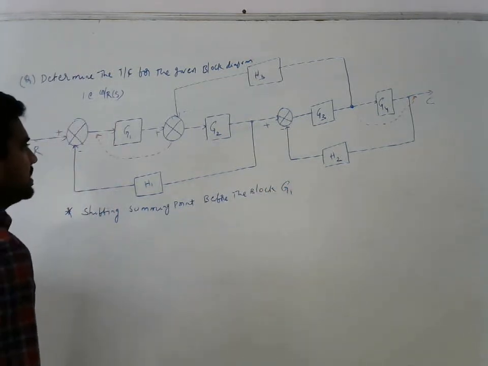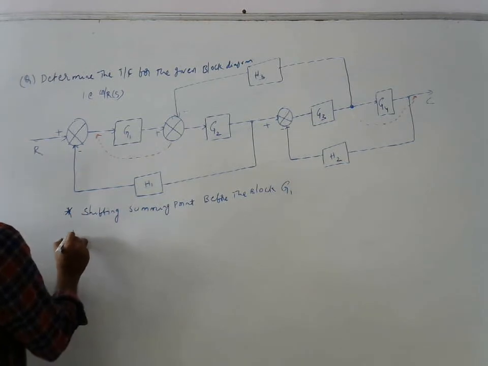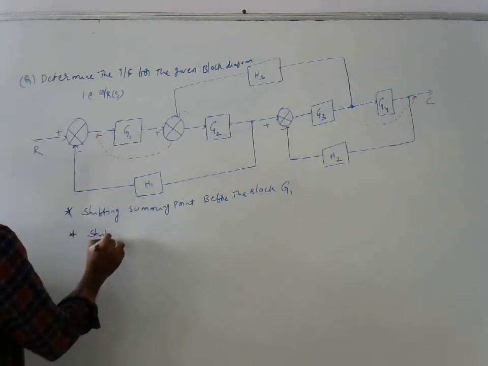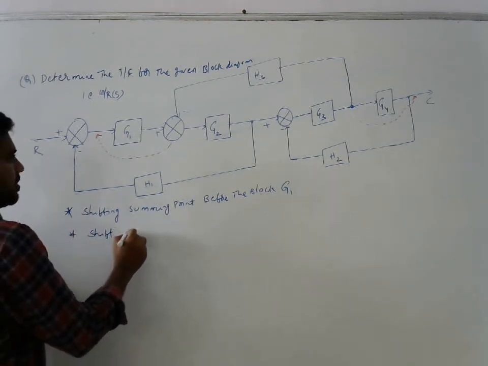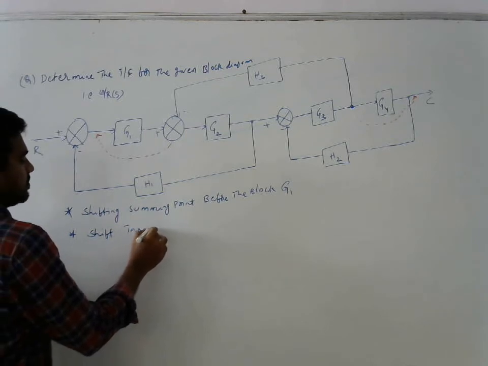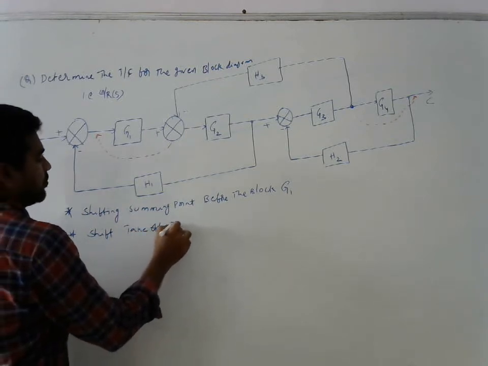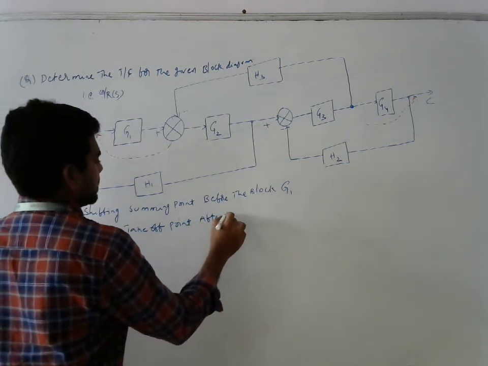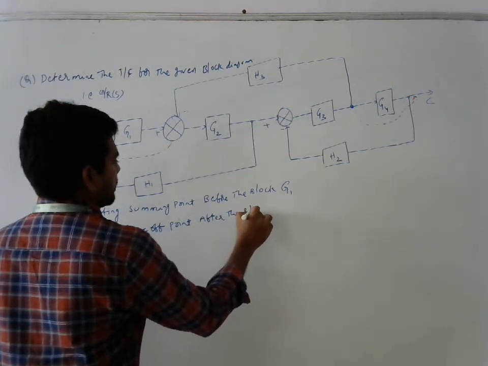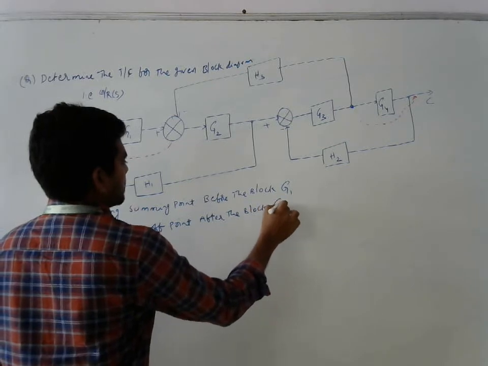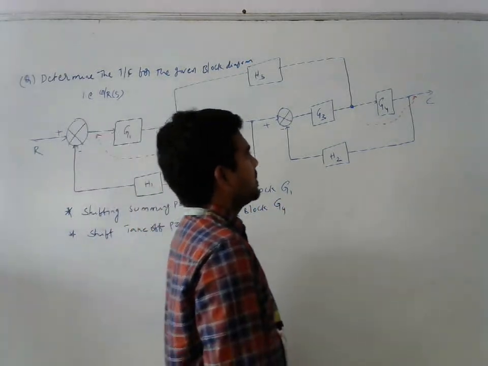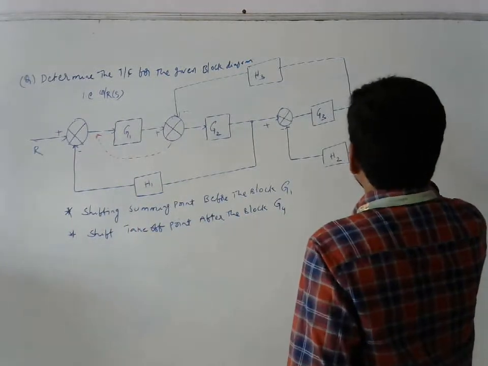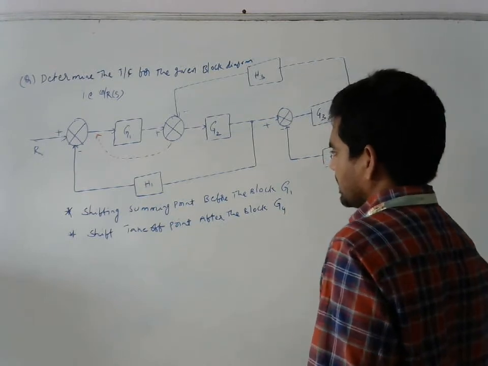And the next one is to shift the takeoff point after the block G4. This is a takeoff point that I am going to shift.